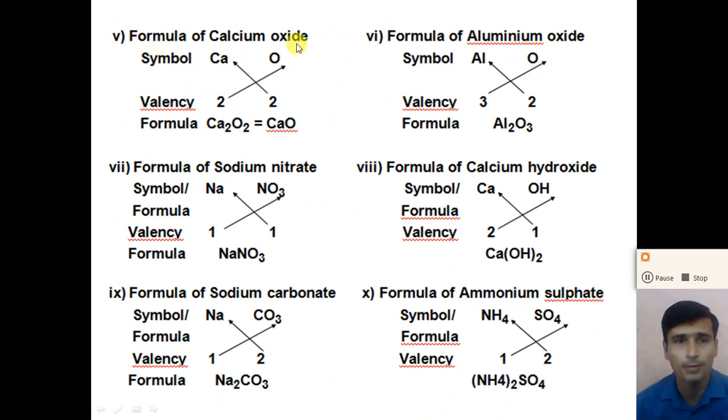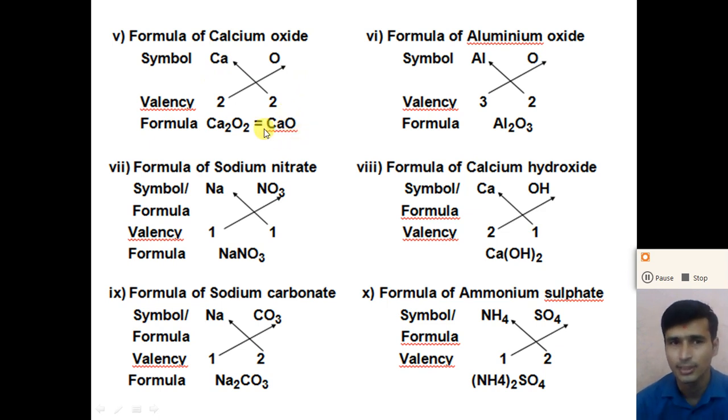Now we take a few more examples to understand more about how to write the chemical formula, right? Formula of the calcium oxide. Calcium has the symbol Ca and oxide means the oxygen has the symbol O, right? Now the valency of the calcium is 2 and the valency of the oxygen is also 2. If you cross over the valency of each element, we get Ca2O2, but here the valency of both elements is the same, so we can write only CaO.